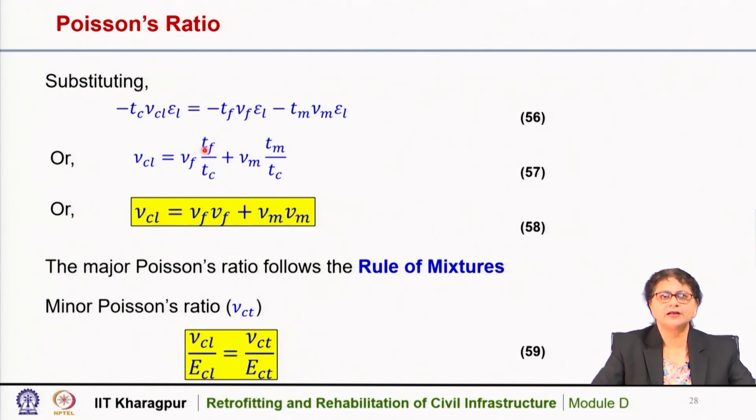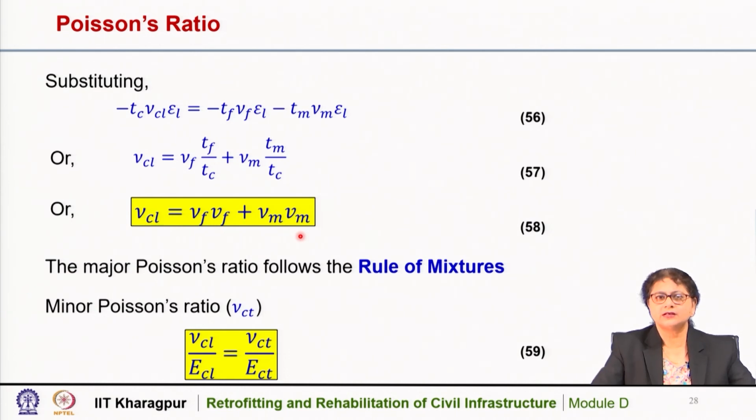Now, this T f by T c is nothing but the volume fraction. We can multiply B into L in numerator and denominator, and this gives the volume fraction of the fiber, and this gives the volume fraction of the matrix part. So, we can write nu CL, which is the major Poisson's ratio, is equal to nu f, that is the Poisson's ratio of the fiber, into its volume fraction V f plus nu m, that is the Poisson's ratio of the matrix, into its volume fraction, that is V m.